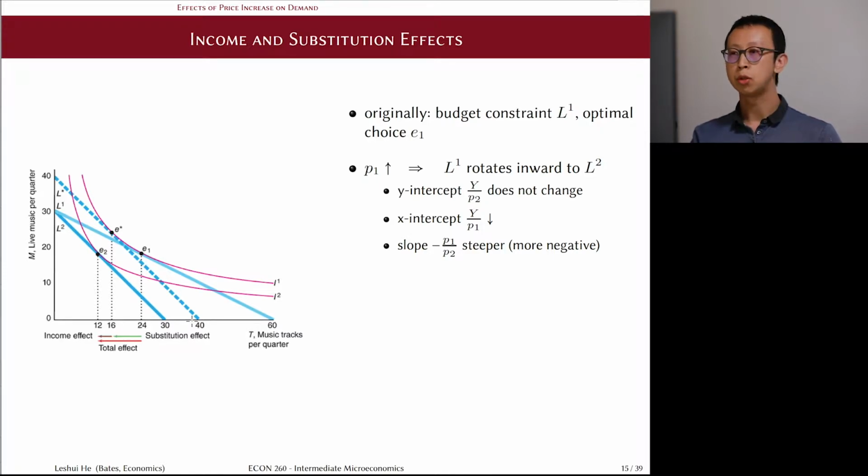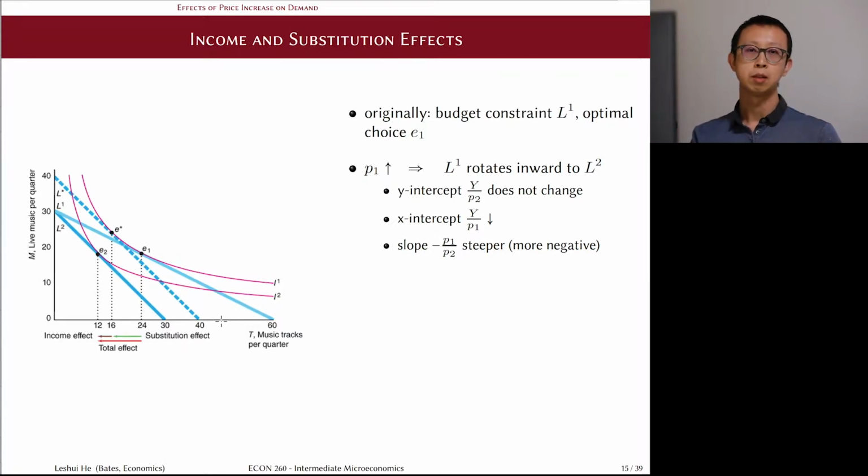Well, the Q2 intercept is y over P2. So it won't change at all because the budget remains constant and the price of the vertical good 2 here also does not change. The only thing that changes is the price of the horizontal good, P1.